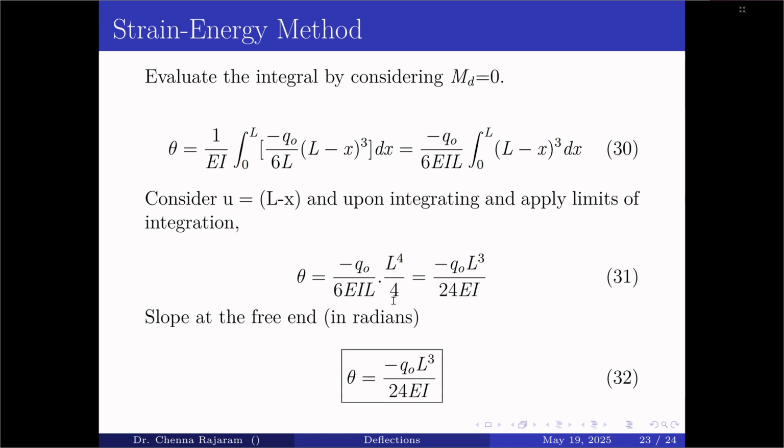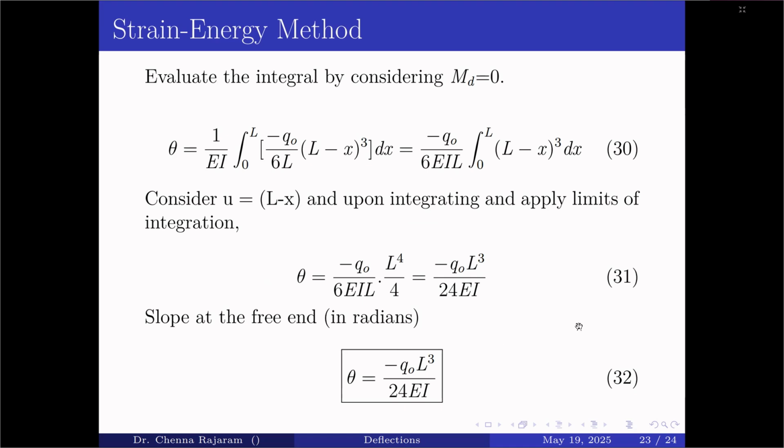When you apply the limits, the x term becomes 0. Then theta becomes minus Q naught into L cube divided by 24 EI. So the slope at the free end, in radians, is theta equal to minus Q naught L cube divided by 24 EI.